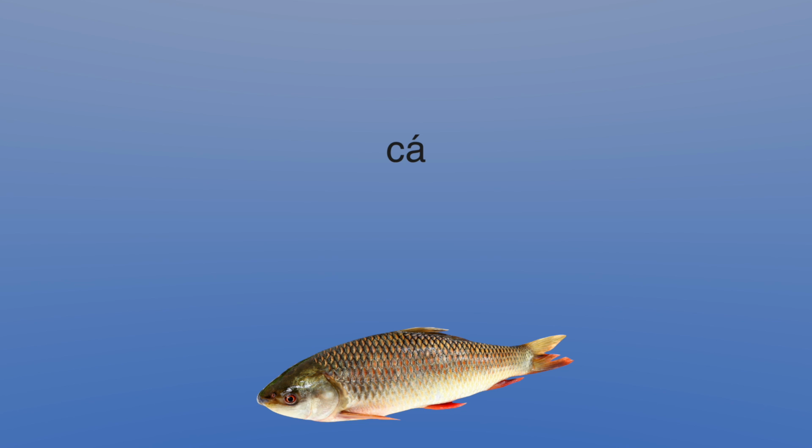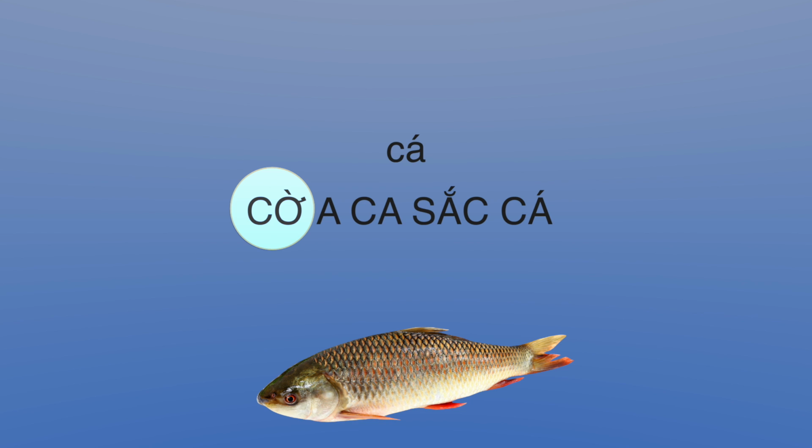The Vietnamese word for fish, cá, would be read out like this: Cờ, a, ca, sắc, cá, with cờ the consonant, a the vowel, ca the combination of cờ and a, and then sắc, the tone.